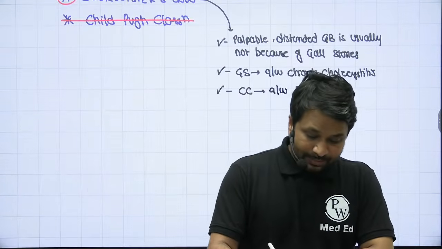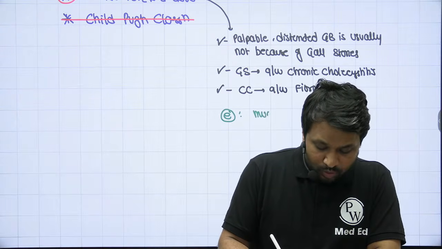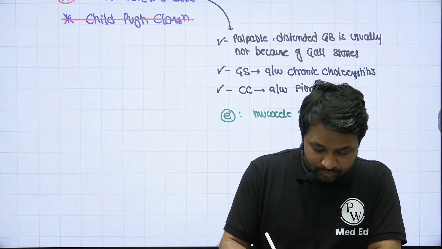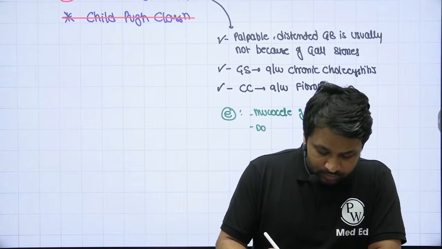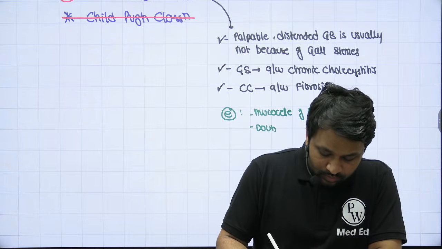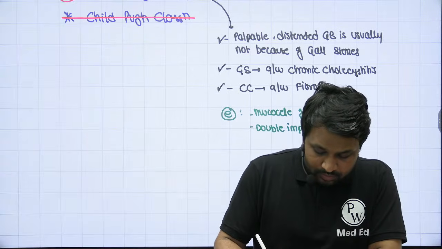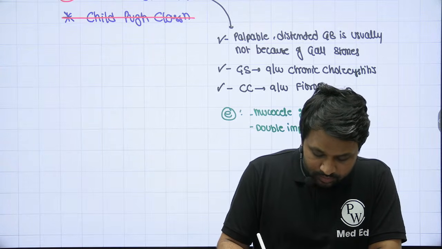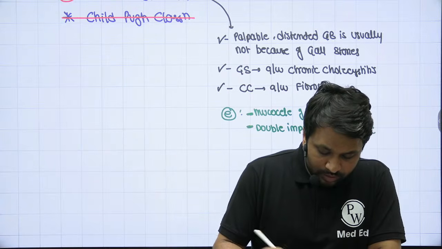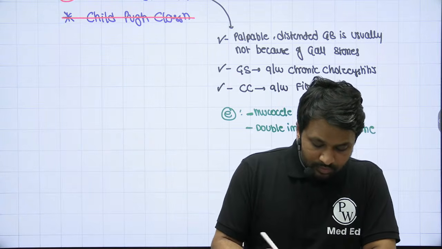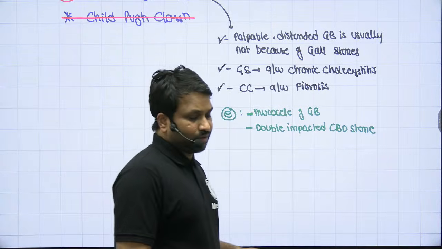So two exceptions you have to remember: one is mucocele of gallbladder, and the other is a double impacted CBD stone. These are the exceptions to Courvoisier's law.